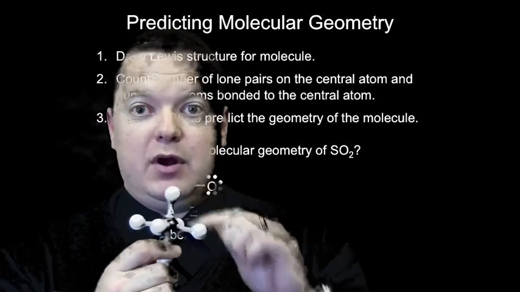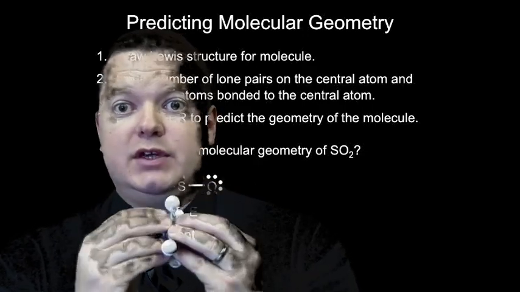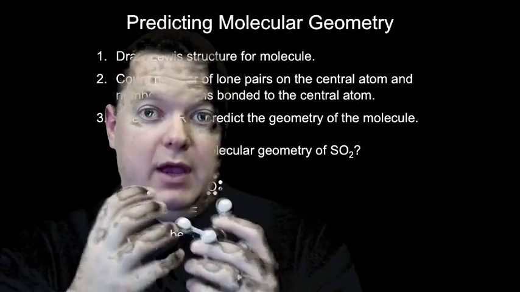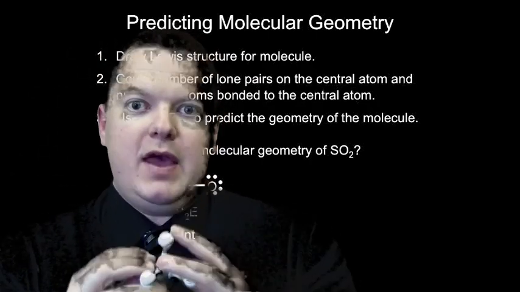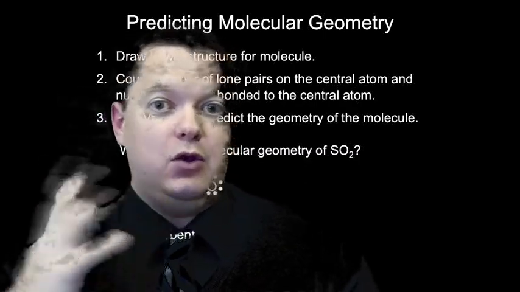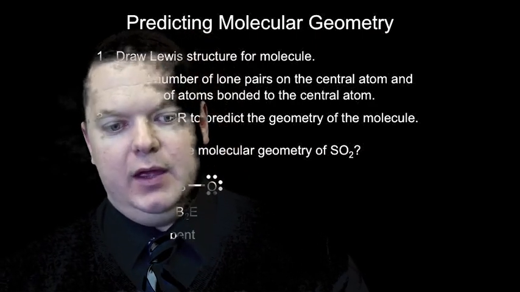We're going to count the number of places where you have electrons around the central atom. Multiple bonds will count as one place. So a double bond will count as one place where we have electrons. And then based on how many that is, it's going to be one of these base electron arrangements. If they're lone pairs, we ignore them in the 3-dimensional shape, and we predict then the actual shape.